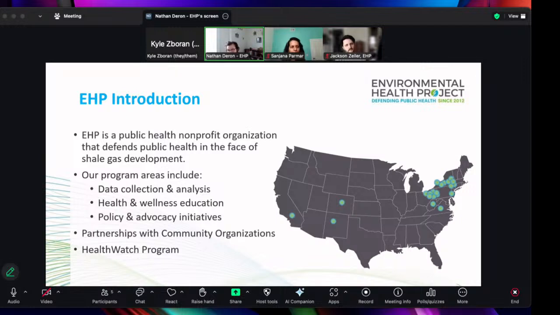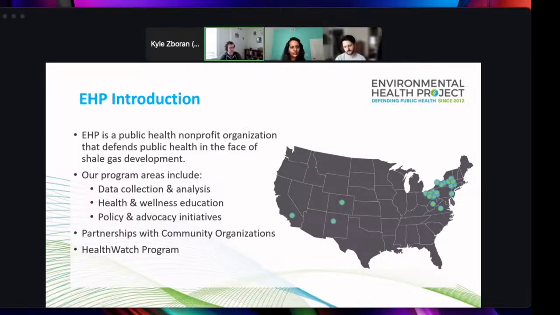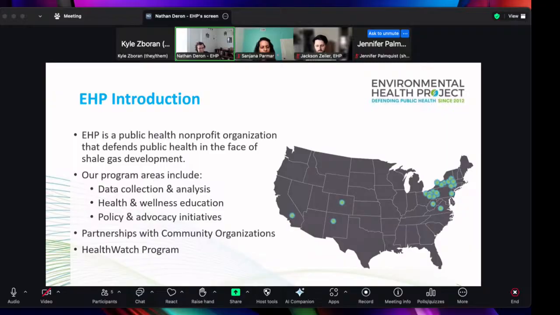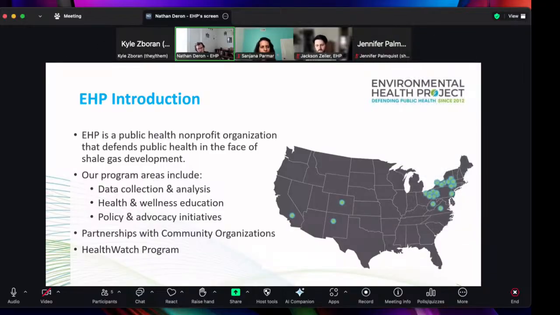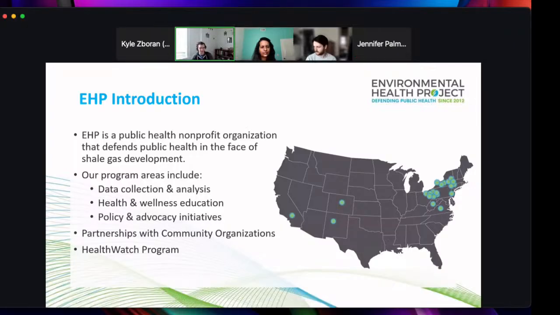So we do that in a variety of different ways and in a lot of different places, as you can see on the map to the right here. We were founded originally in southwestern Pennsylvania, in Washington County specifically, to address the large amounts of uncertainty surrounding the public health impacts of the shale gas boom when it was still in its early stages.